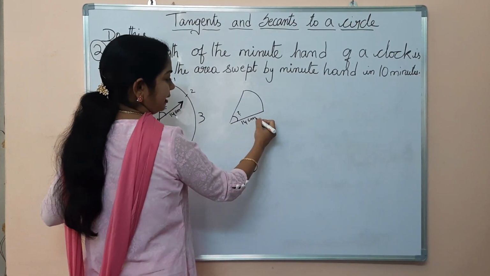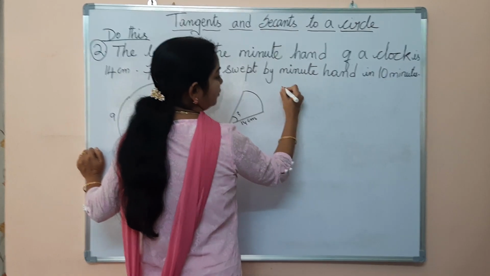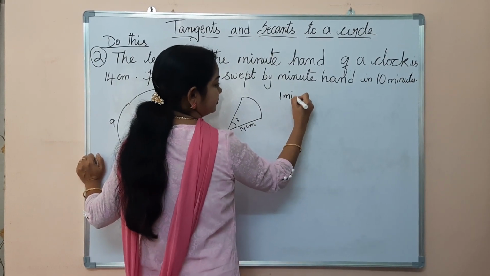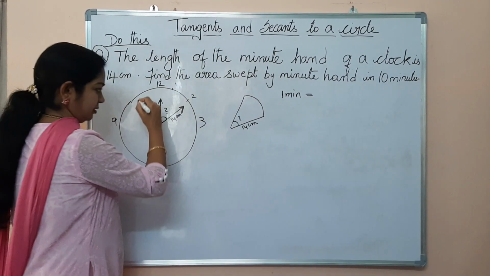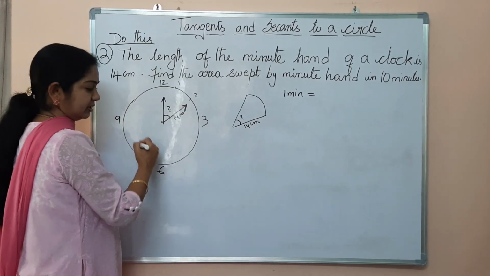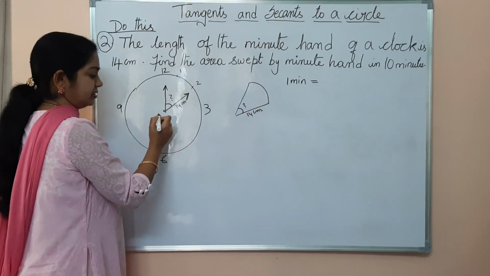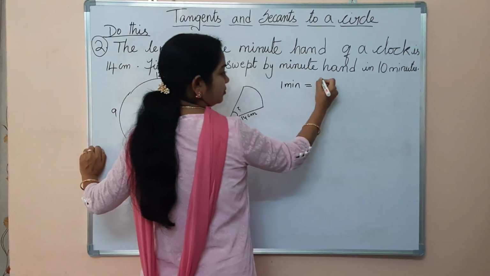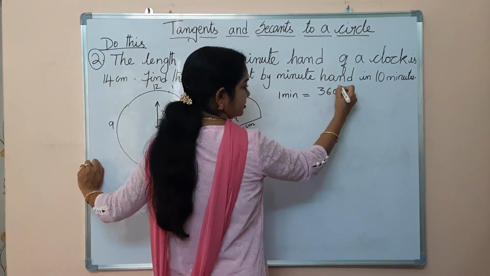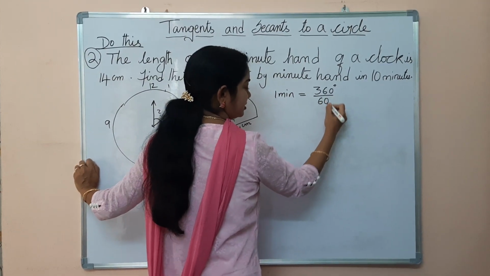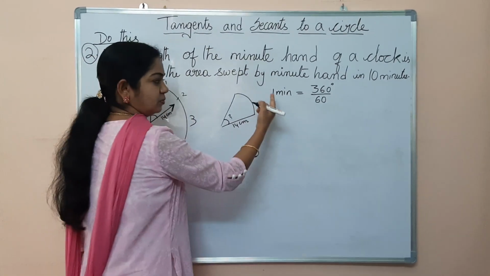So to find the angle, for 1 minute, the clock is a circular shape. The one complete rotation is 360 degrees. So for 1 minute, 360 degrees by 60, because 60 minutes make one hour.